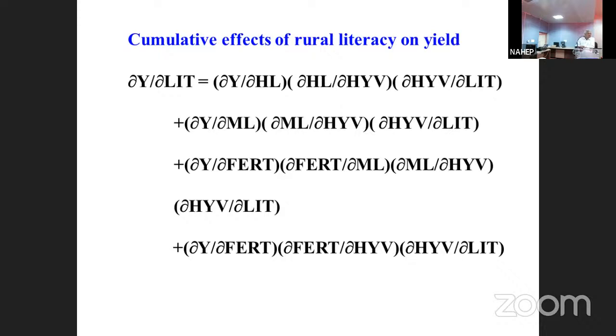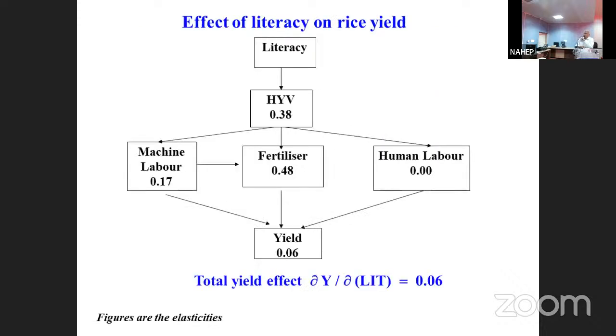Literacy also affects the adoption of high-yielding varieties, and the high-yielding variety influences the machine labor, and machine labor affects the yield. First one, literacy affects the high-yielding variety, which affects the human labor, and human labor affects the yield. And that way, the total effect is it. So if you read it this way, then only can we know what the process is, how literacy is going to influence the yield.